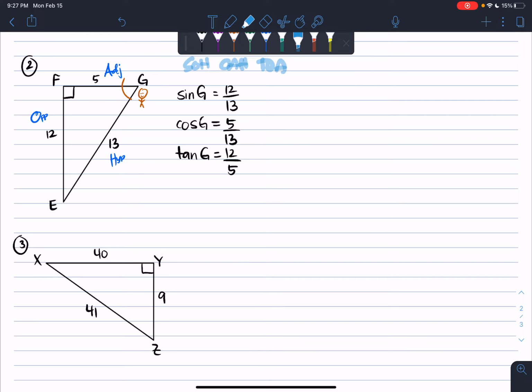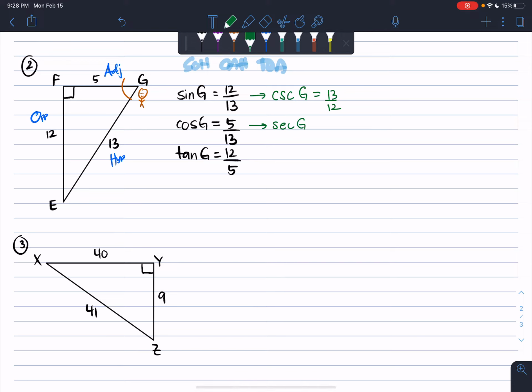Now we can find cosecant, secant, and cotangent. So let's do that. The reciprocal of sine will give us cosecant. Sorry, I always write CO. It's supposed to be CSC of G, in this case, because that's our reference angle, is the reciprocal of 12 over 13, so it's 13 over 12. Now next, the reciprocal of cosine is secant.